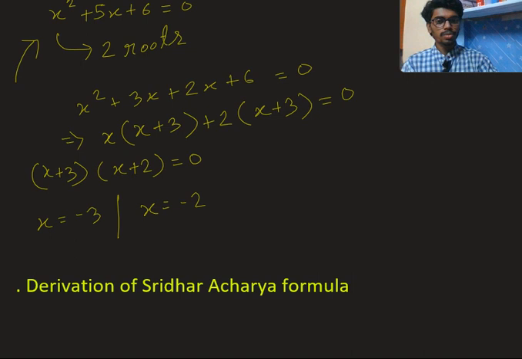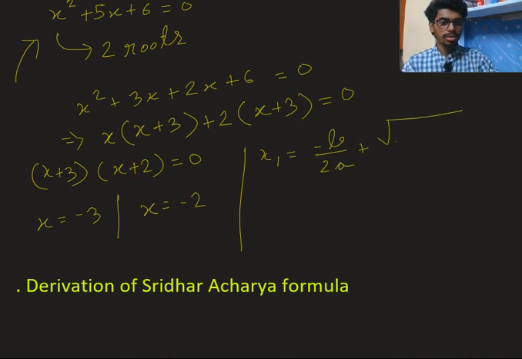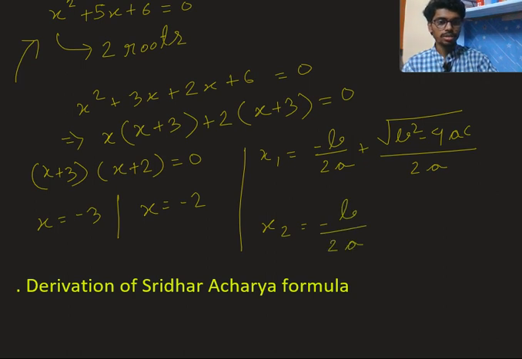If x1 is the first root, then x1 is equal to minus b by 2a plus root over b square minus 4ac by 2a, and the second root, x2, is equal to minus b by 2a minus root over b square minus 4ac by 2a.